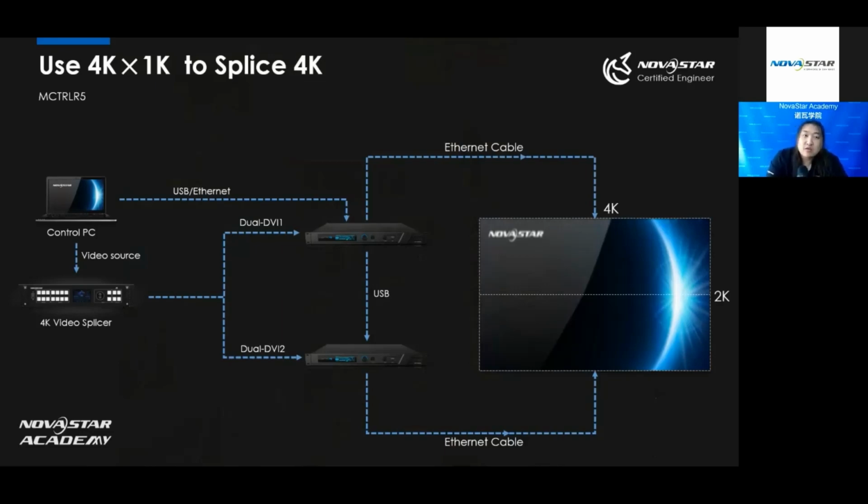The same thing is that we're still going to use a video splicer, but we only need 2 devices here. And you can also see the DVI is not the normal DVI anymore. It's using dual link DVI. Right? We got two devices here, and still the same diagram to run this 4K by 2K screen.